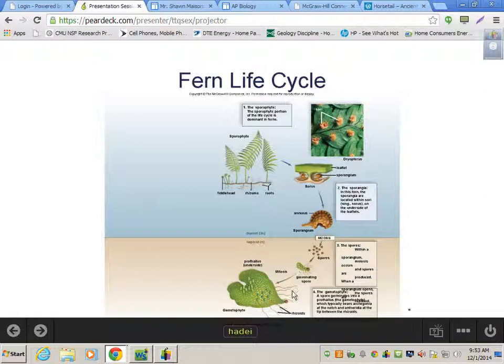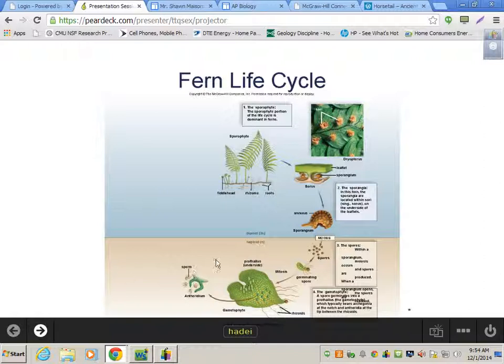At any rate, this starts to grow, and this is still 1N. So this 1N structure is going to divide through mitosis to create this kind of a multicellular haploid individual. It's the gametophyte. And the rhizoids will start to develop here. So it's already starting to branch out at a very early phase. The antheridium is going to form and release sperm.